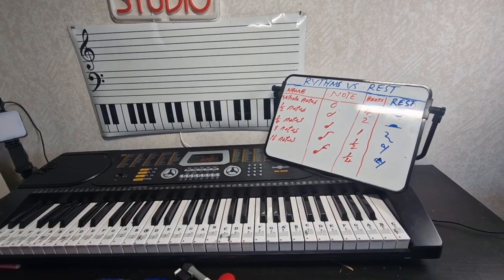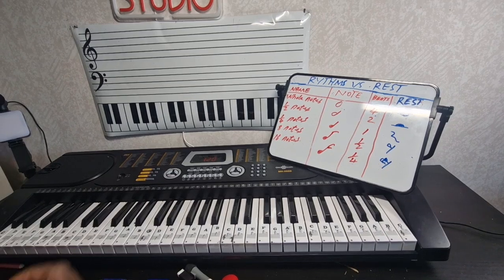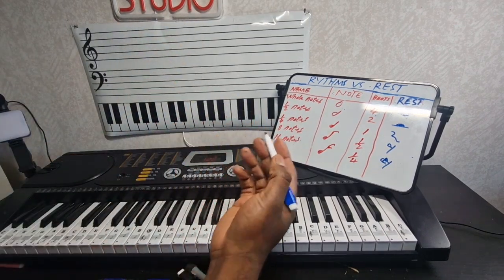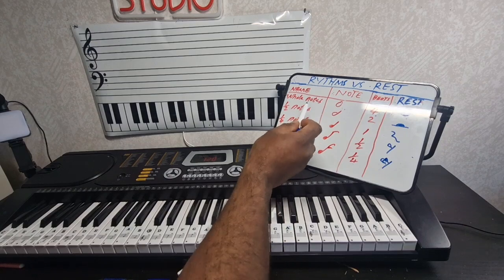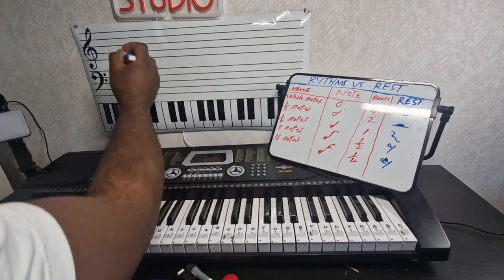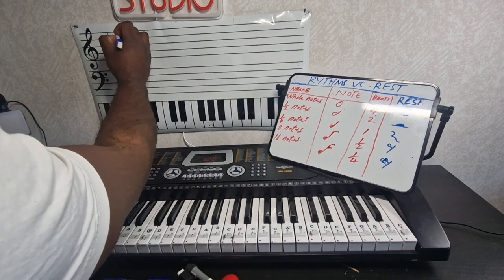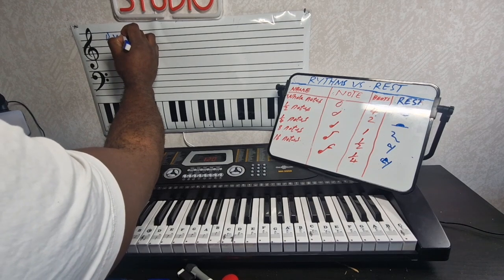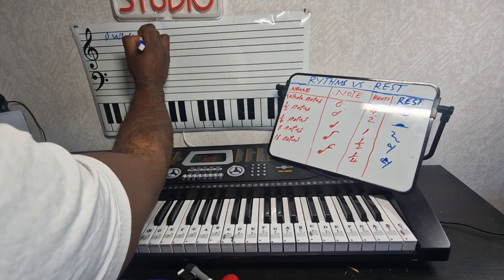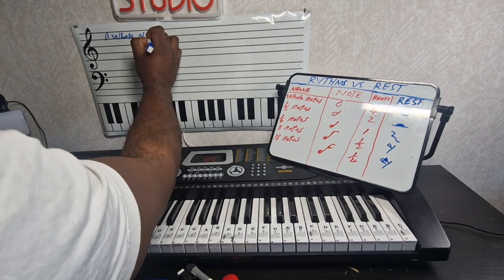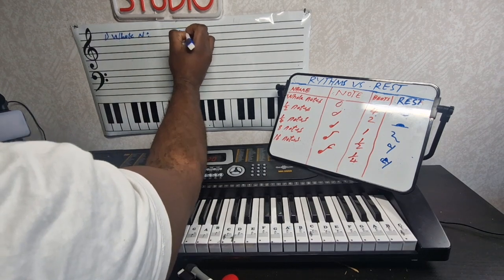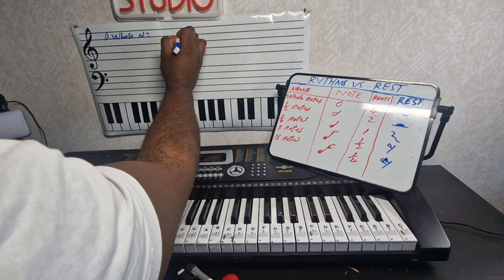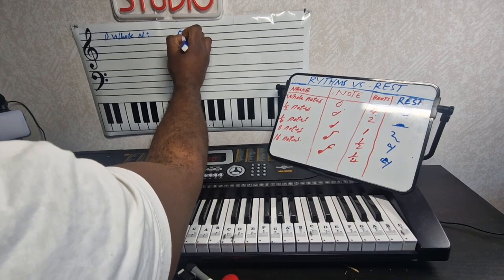All right. So guys, here we go. We will begin with the whole note. Number one is the whole note, which is symbolized as this. A whole note has a 4-beat length.